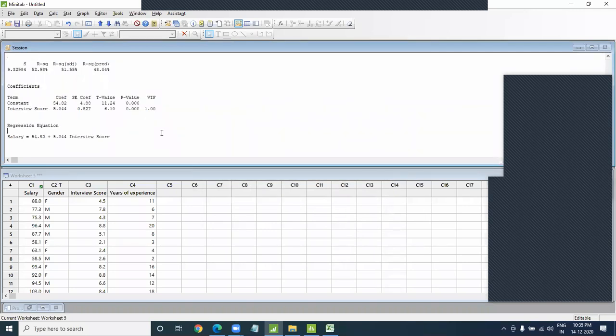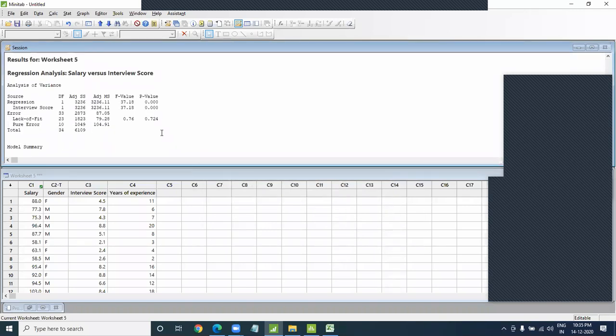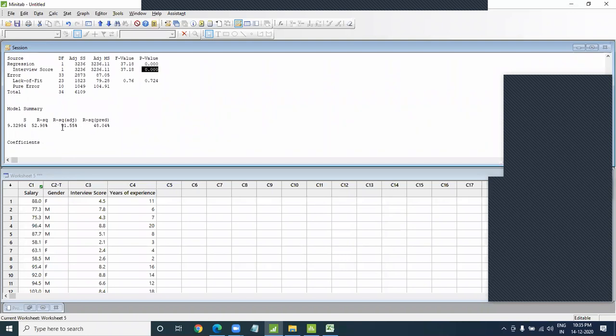Get some values. Let's have a look at it. Okay, so for regression on this interview score, the p-value confirms 0.00. That confirms there is a relationship between interview score and salary. Definitely, that's a factor which is impacting the salary. But other than that, what we will be looking at is this R square. R square says 52.98%.